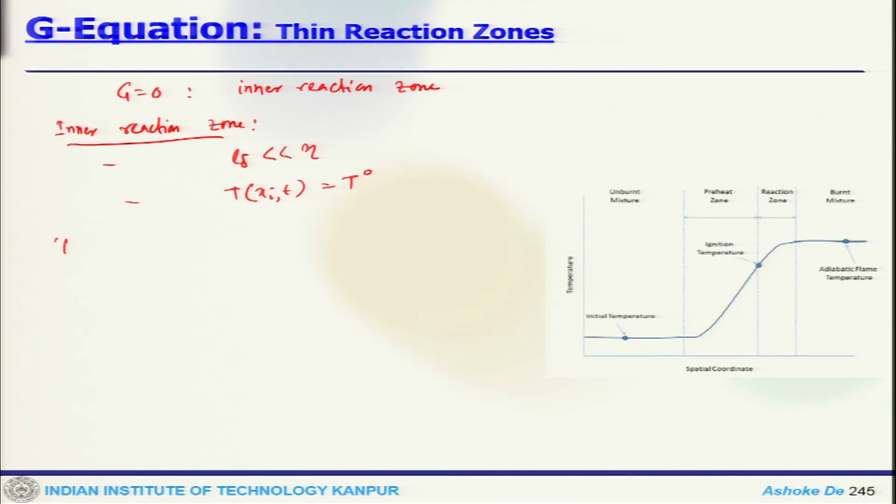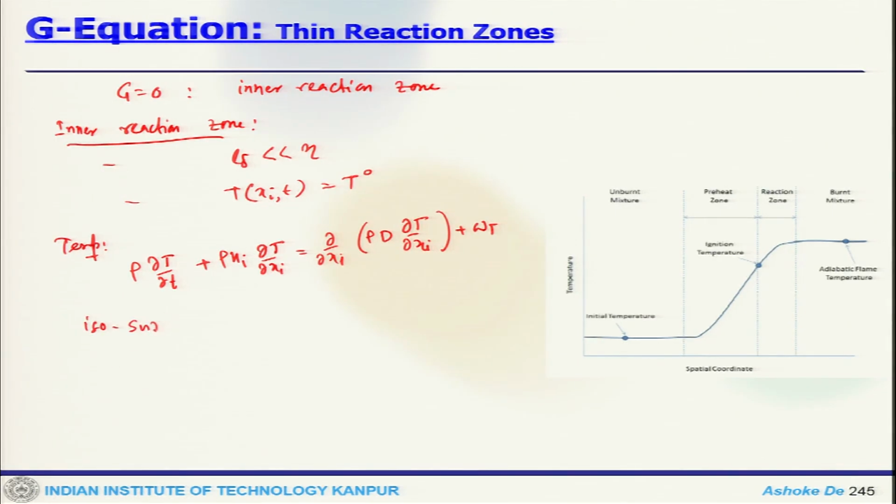So our temperature equation will take the shape of rho ui dT/dxi equals d/dxi of rho D dT/dxi plus Wt. Now one can look at the isosurface of temperature, which is T of x,t equals T naught.